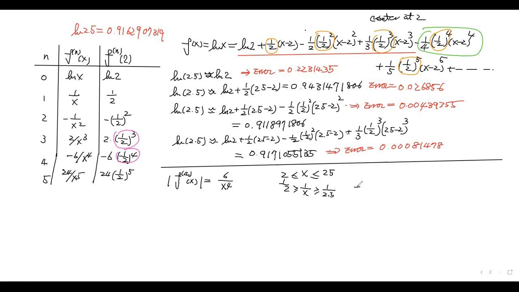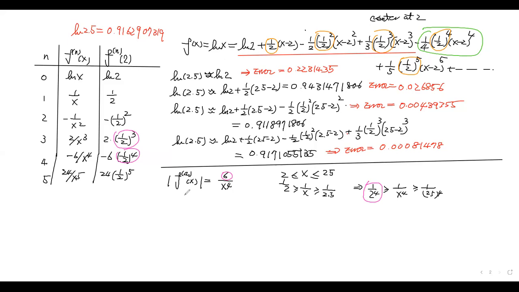Now the x to the fourth here will be less than 1 over 2 to the fourth, and greater than 1 over 2.5 to the fourth. So this one will give you the largest number. So now you have a 6 here.